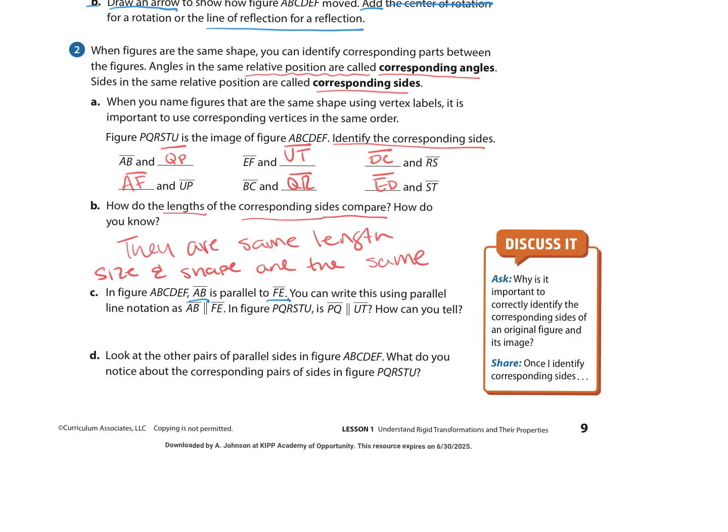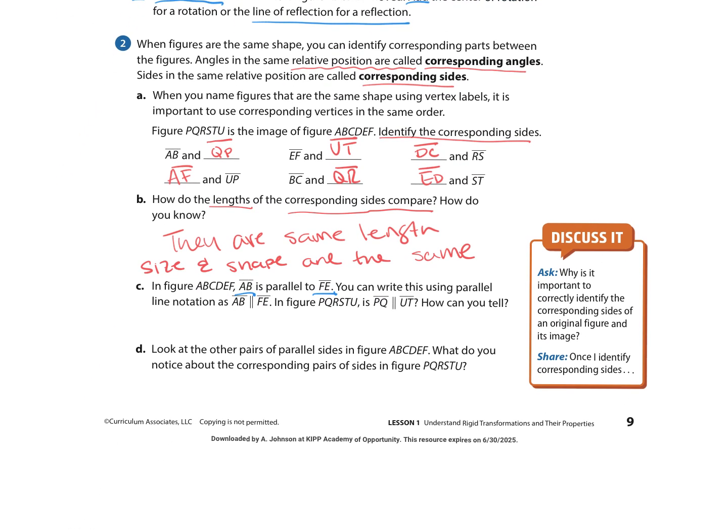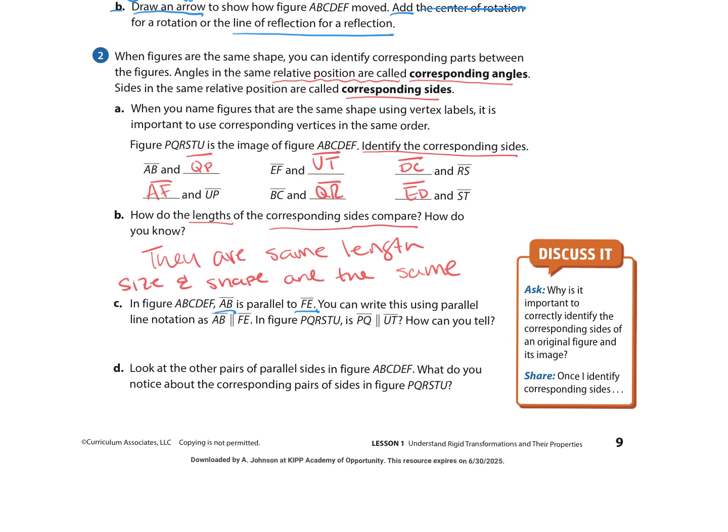So how can you tell? And also, how do we know lines are parallel? Well, AB is 2 spaces apart from FE, and QP is also 2 spaces apart from TU. So they started out 2 spaces apart. They're always going to be 2 spaces apart in both of those images. So the lines are parallel. How can you tell?